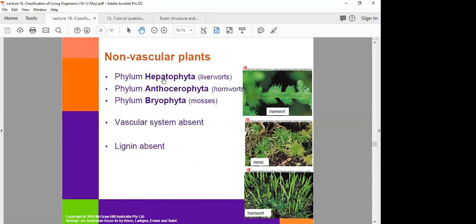And you don't need to remember these names. This is just for your interest, and they're pictured here on this slide. So the non-vascular plants obviously lack a vascular system, and they also lack lignin. So you can infer from these 2 points here that these plants tend to be very small, and that's exactly correct.